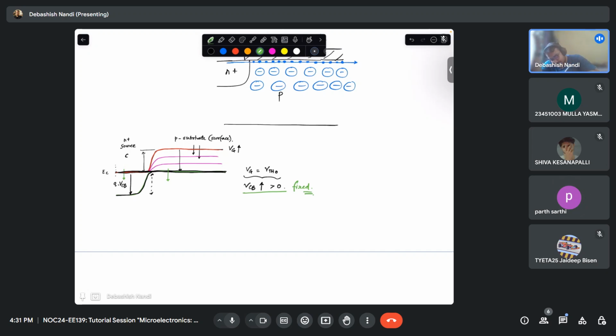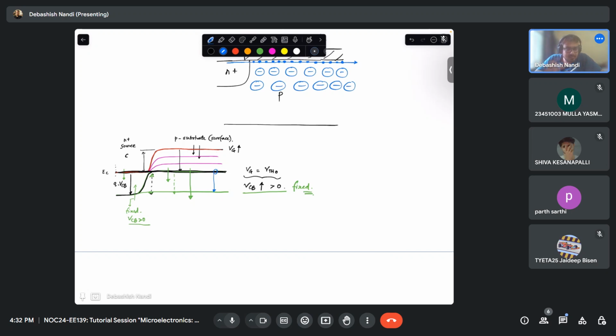See, this barrier reduction can happen either by you increase this thing or you push this thing down. This is fixed by your VCB. So you need to pull your barrier down to this level. You want your conduction band to come to this place. So how do you do that?